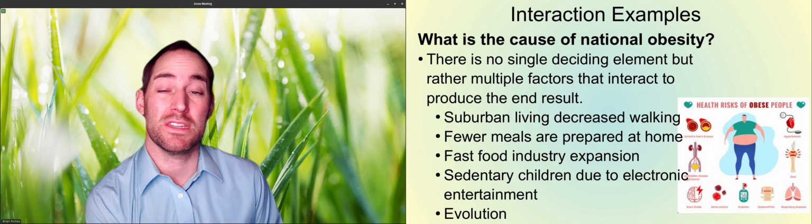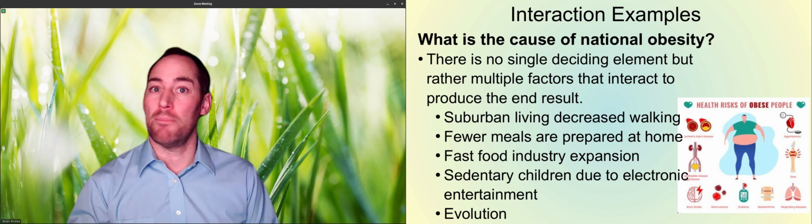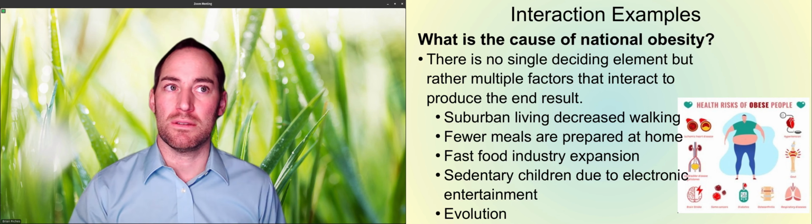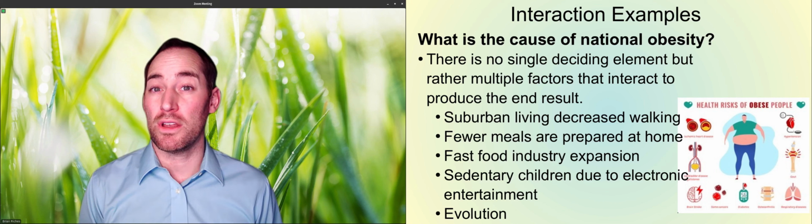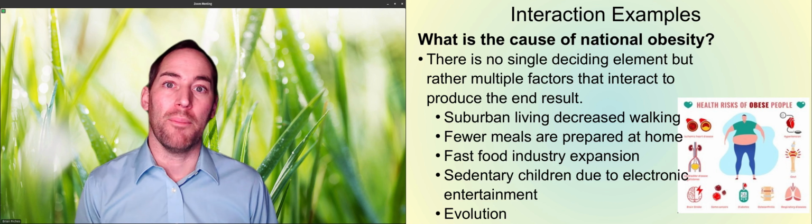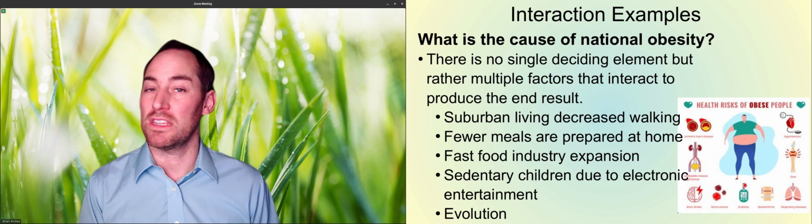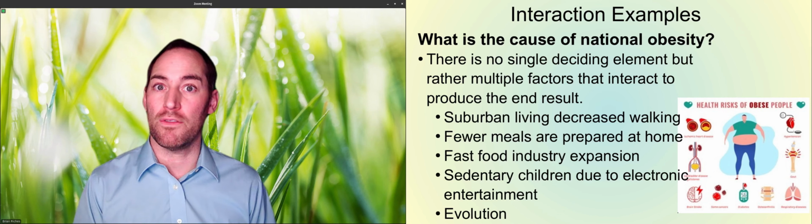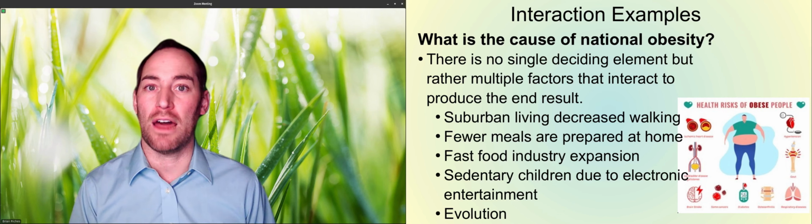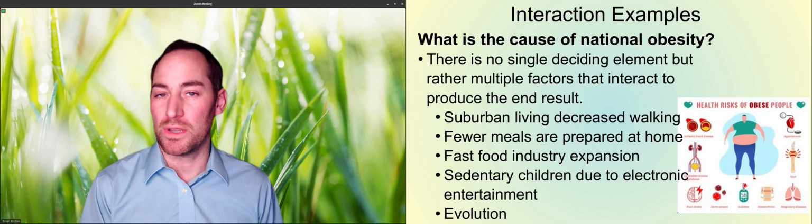So evolution is another impact here. So our bodies, when we evolved, it's really hard to gather really fatty foods, things that are high calorie, and so we evolved the taste for high calorie, high fat foods to keep us alive.